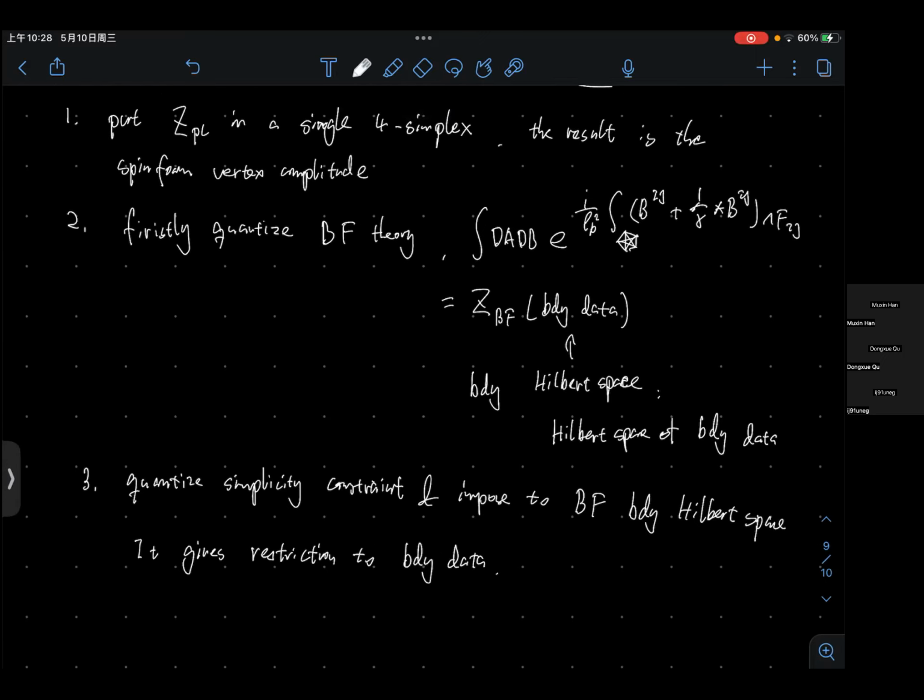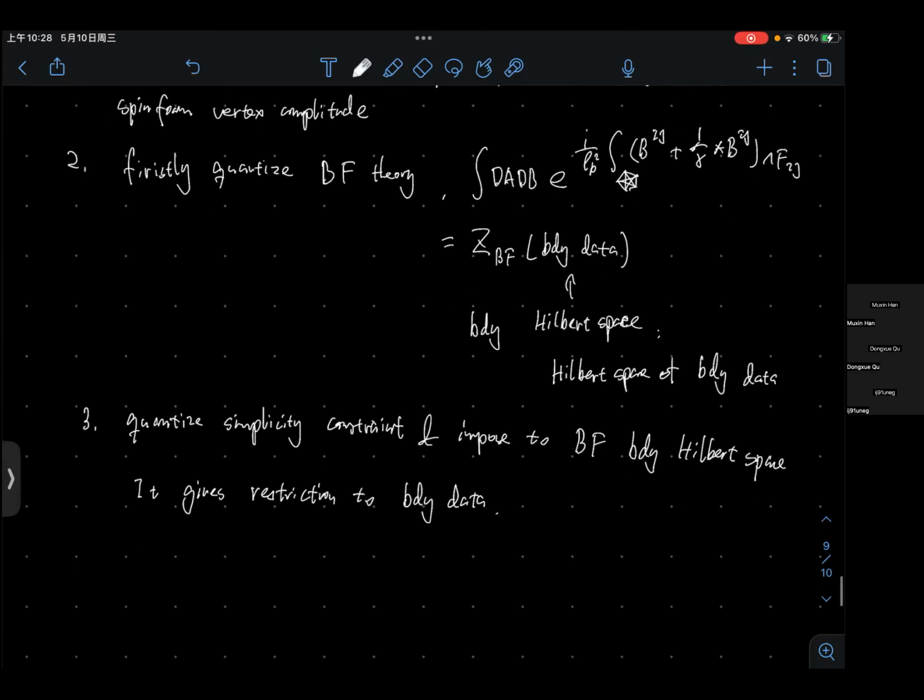Then the spinfoam vertex amplitude is just given by the BF amplitude with the subset of boundary data satisfying the simplicity constraint.